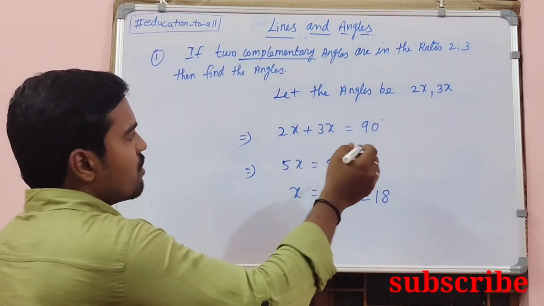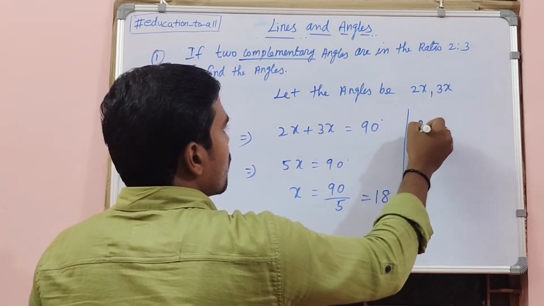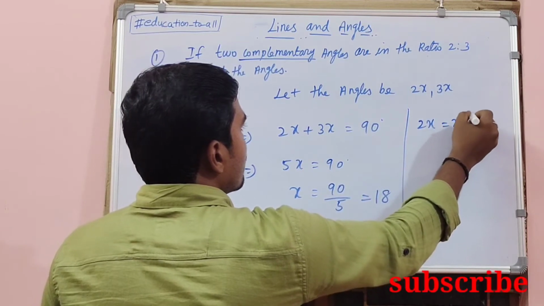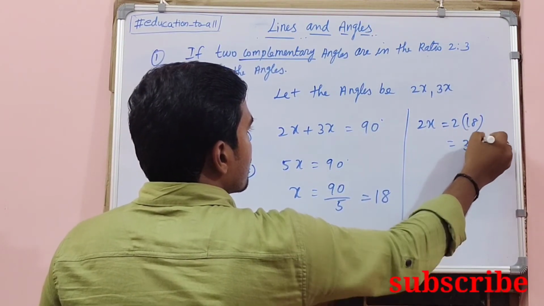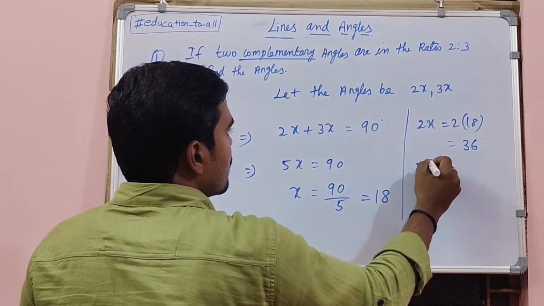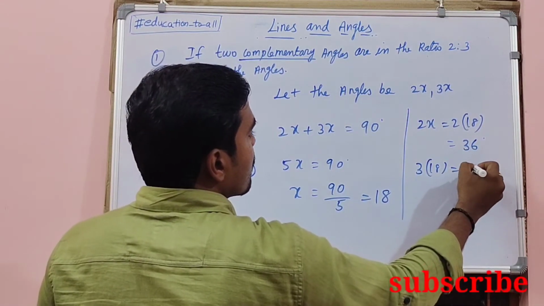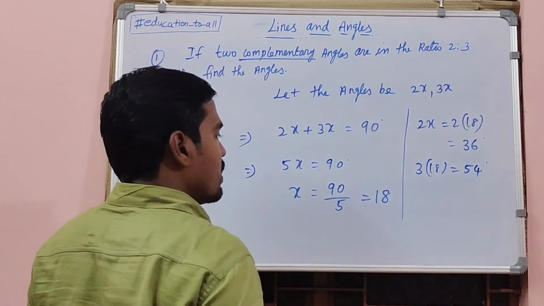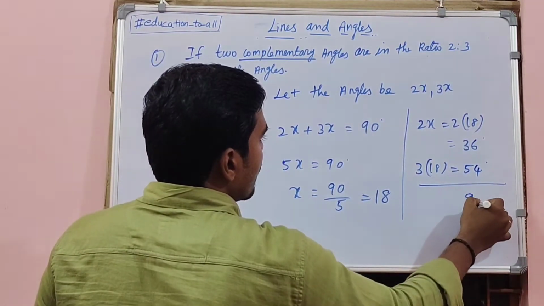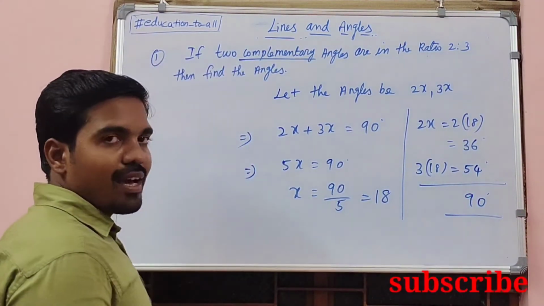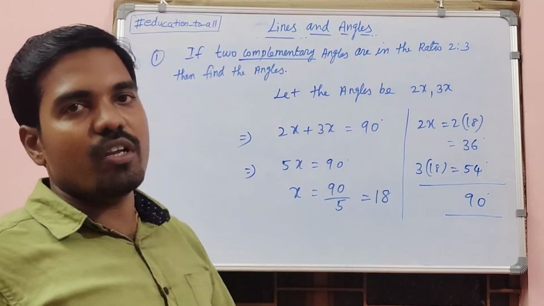So then what about the angles? 2x equals 2 into 18, which is 36 degrees, and 3 into 18, which is 54 degrees. If you add both, you get 90 degrees. Hence the angles are 36 and 54 degrees respectively.